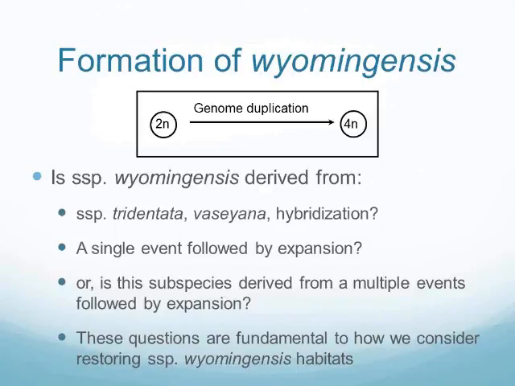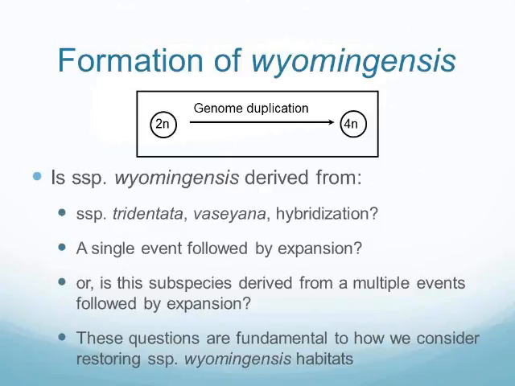So we really don't have a grasp on what subspecies wyomingensis is. We know that this process of genome duplication only goes in one direction: we start with diploid plants and end up with tetraploid plants.